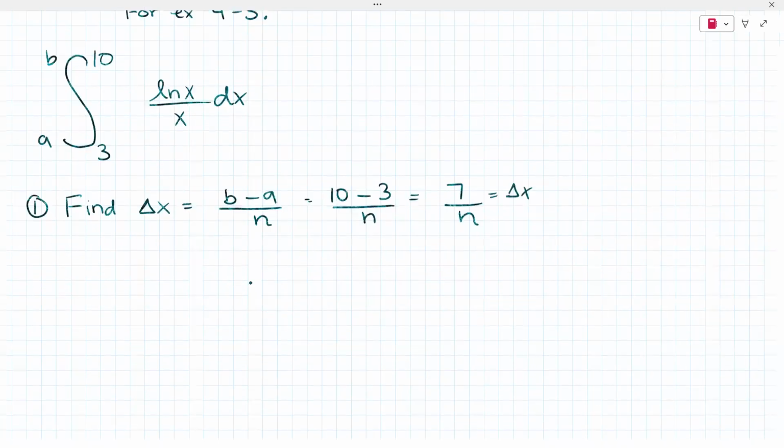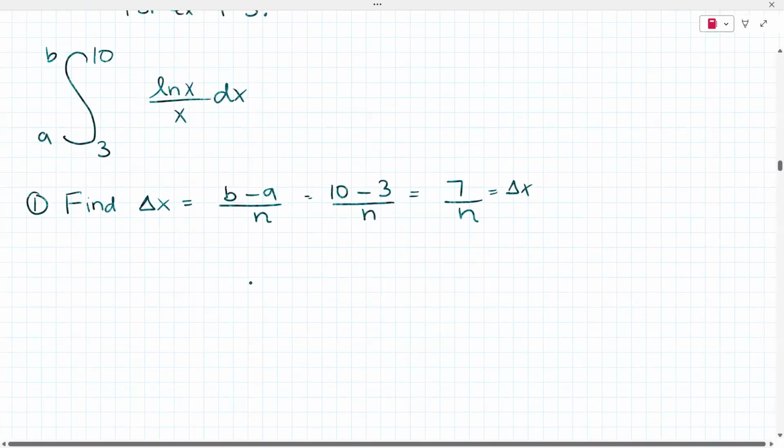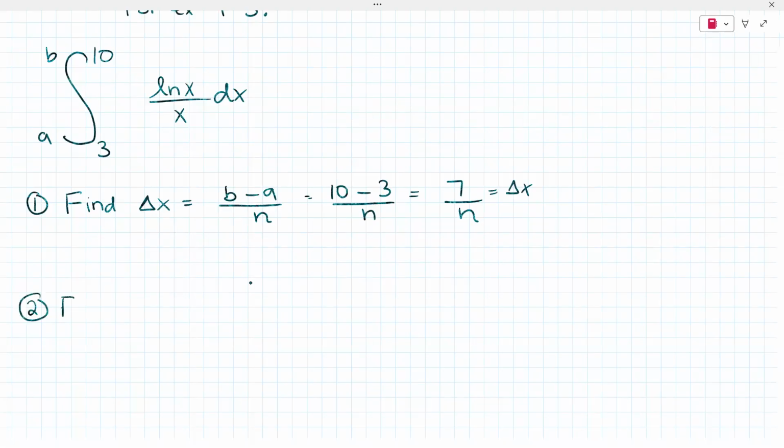And what I would do next is step 2, find x sub i. So x sub i is a plus i times delta x.